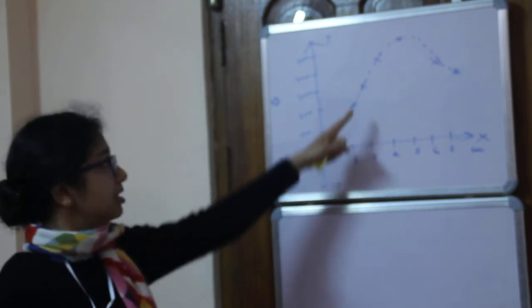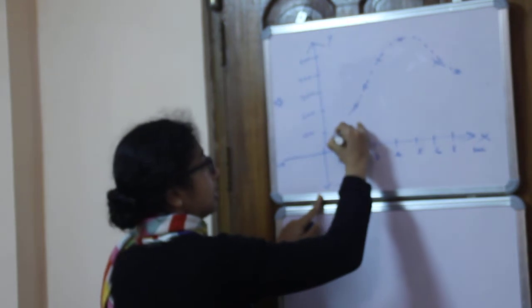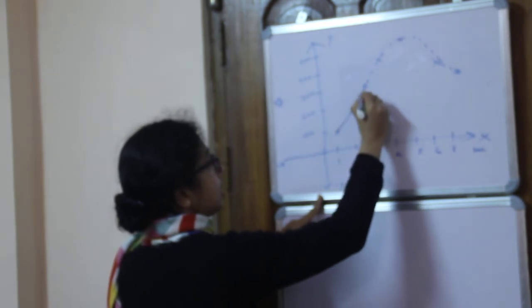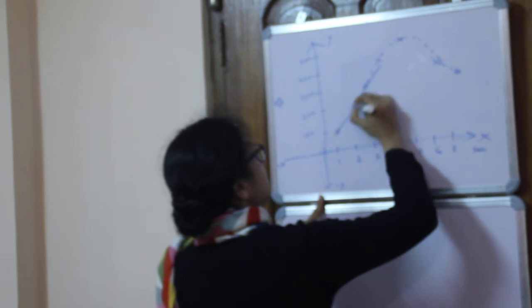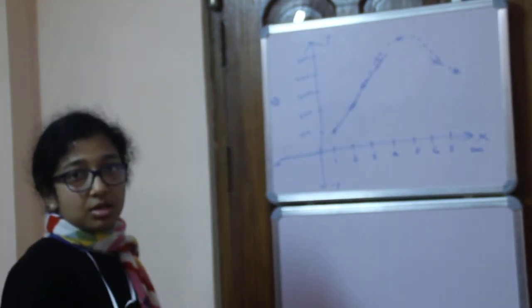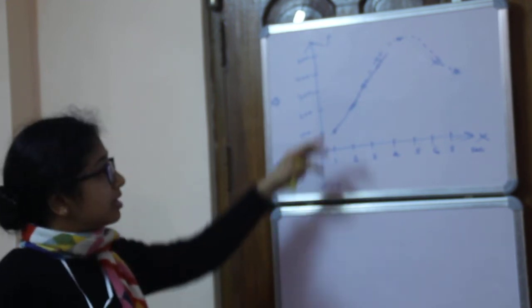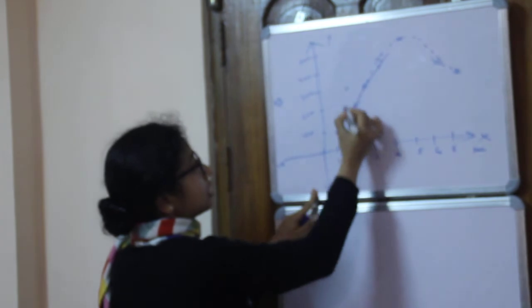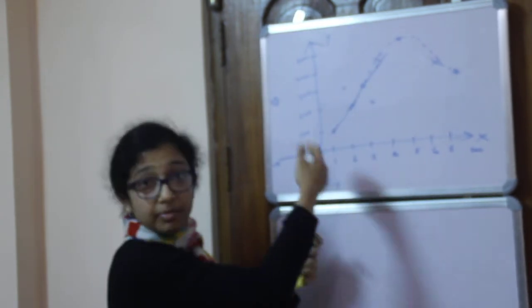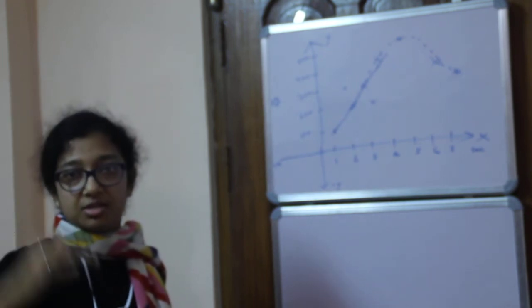So maybe from these data points, I can fit a straight line up to this much, but here these points are not coming. If you are doing some experiment, it may happen that every time you will not get data points in a nice straight line.